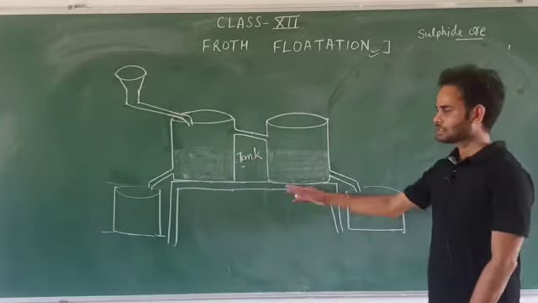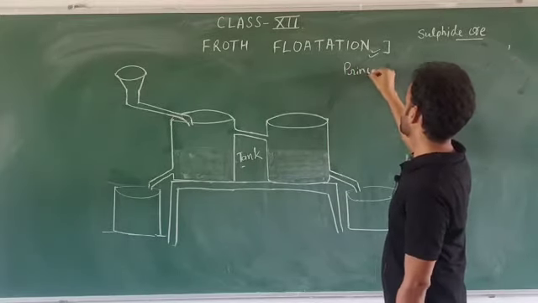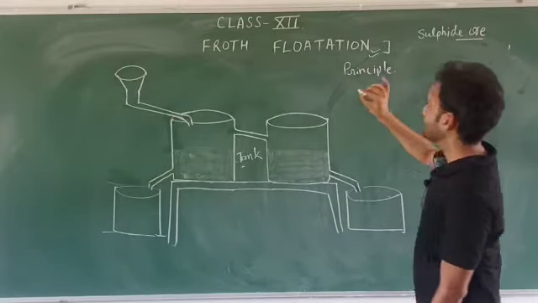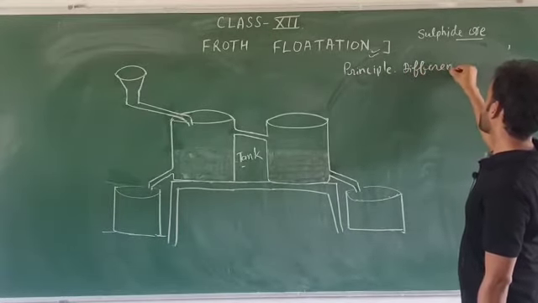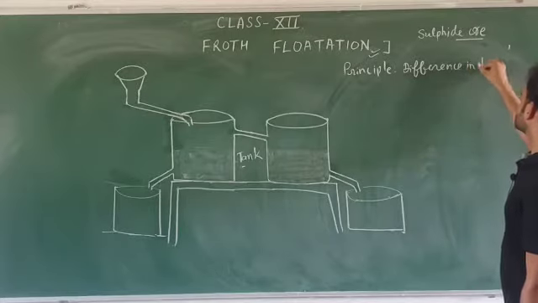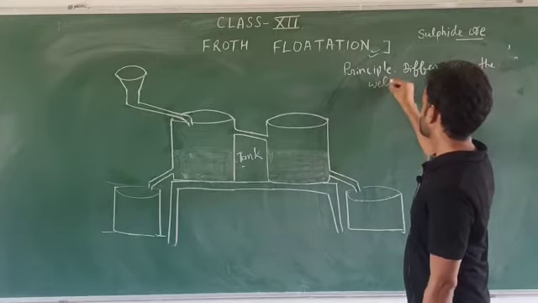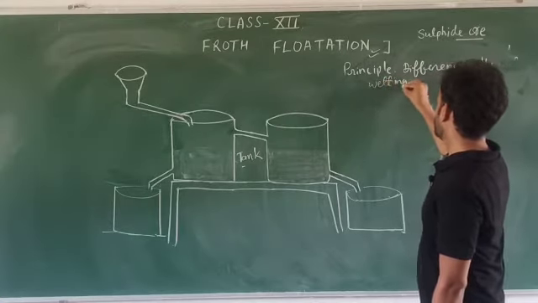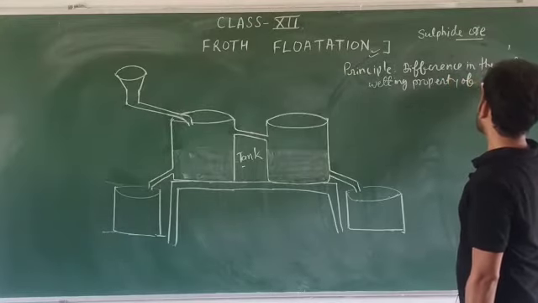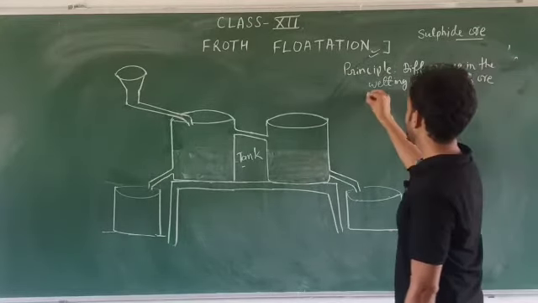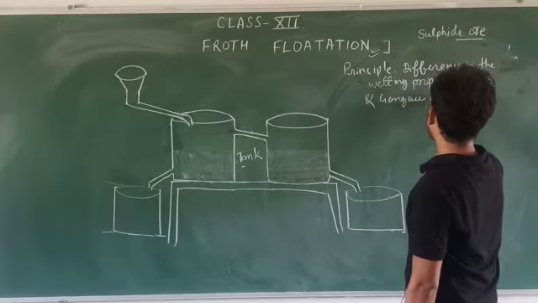before discussing these things, we should know about the principle of this process. So what is the principle? The principle of this process is the difference in the wetting property of ore and gangue particles.